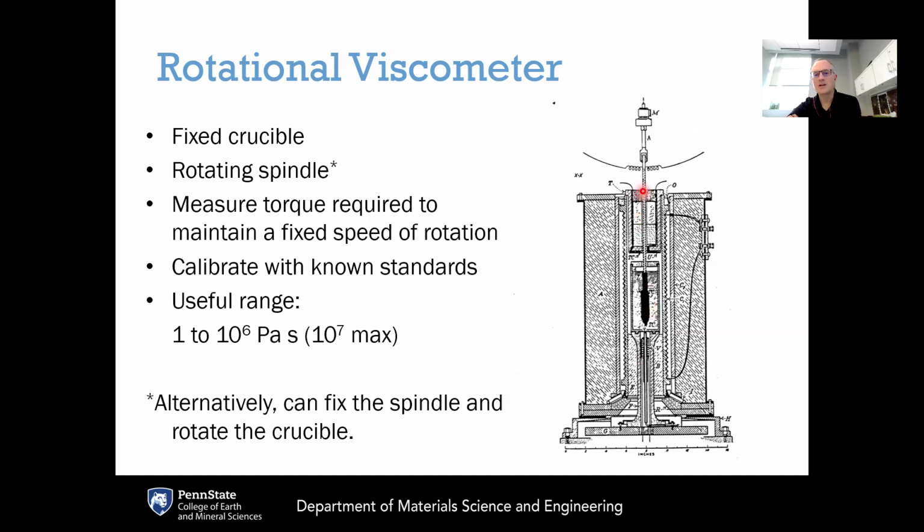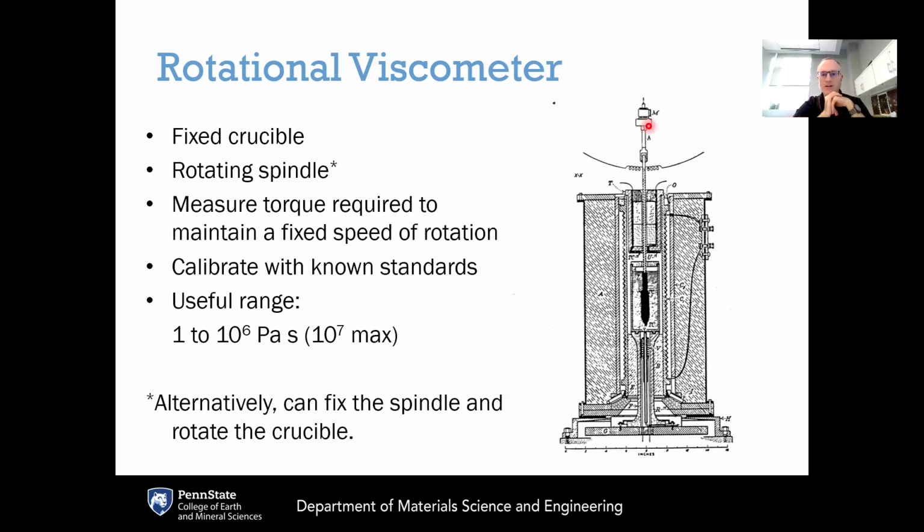After it has melted, there's a spindle at the end of the cylinder here that gets submerged into that molten glass. And this is fixed to a motor, and the motor is going to rotate the cylinder using either a fixed torque or by changing the torque to get a fixed rotational speed.